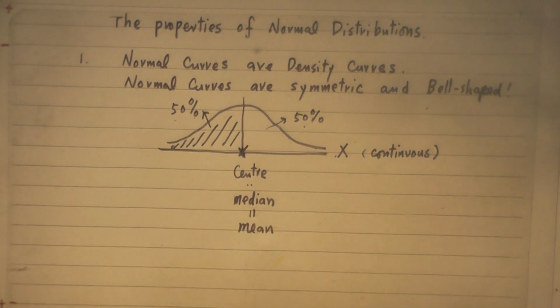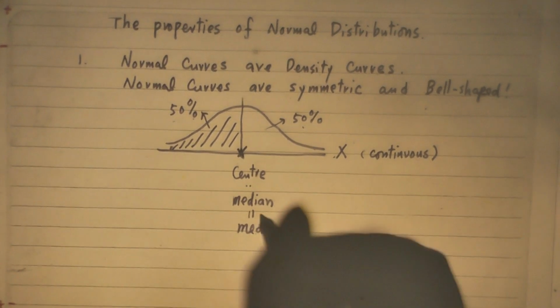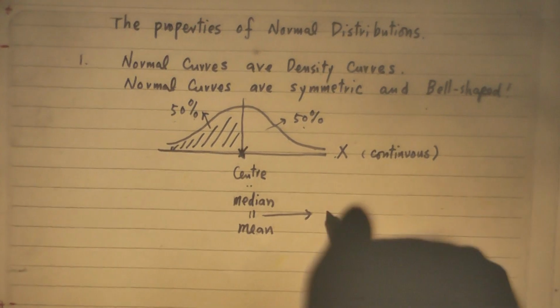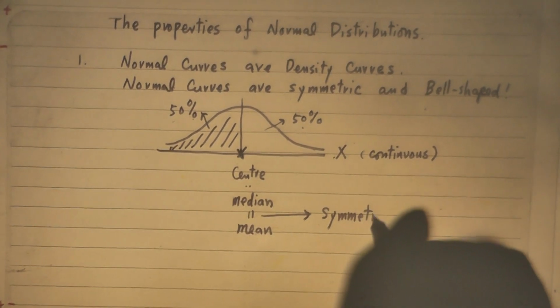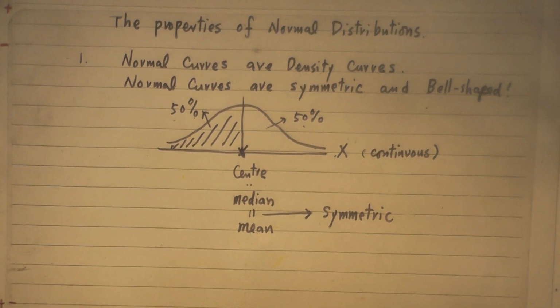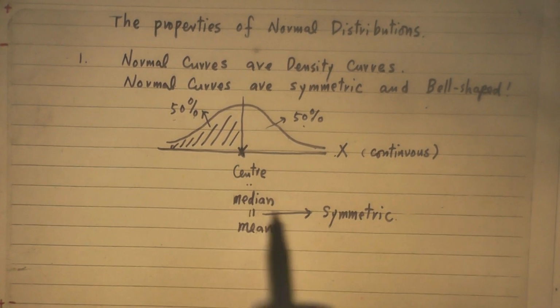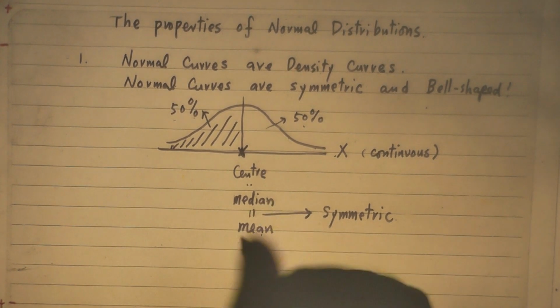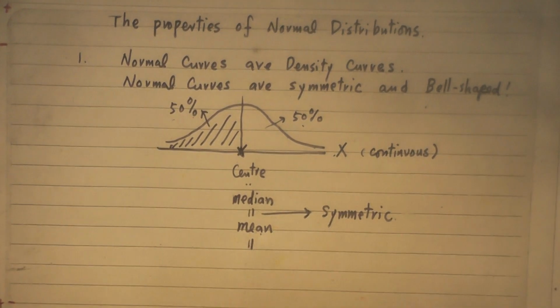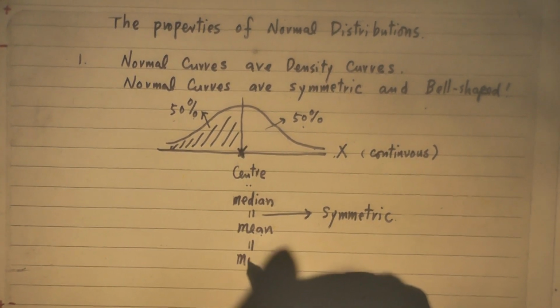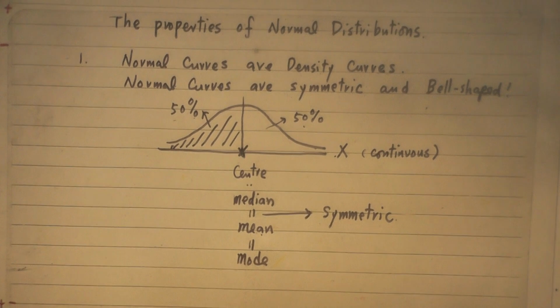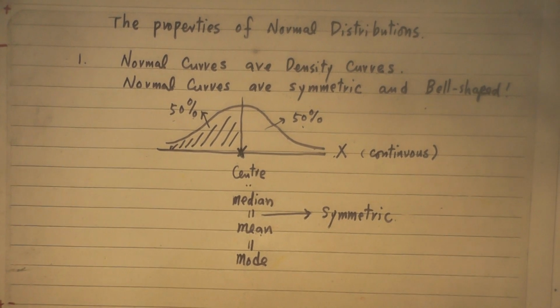Why in a normal curve is median equal to mean? Because normal curves are symmetric. For all symmetric curves, we have this nice property: median equals mean. And next, it's also equal to the mode, okay?